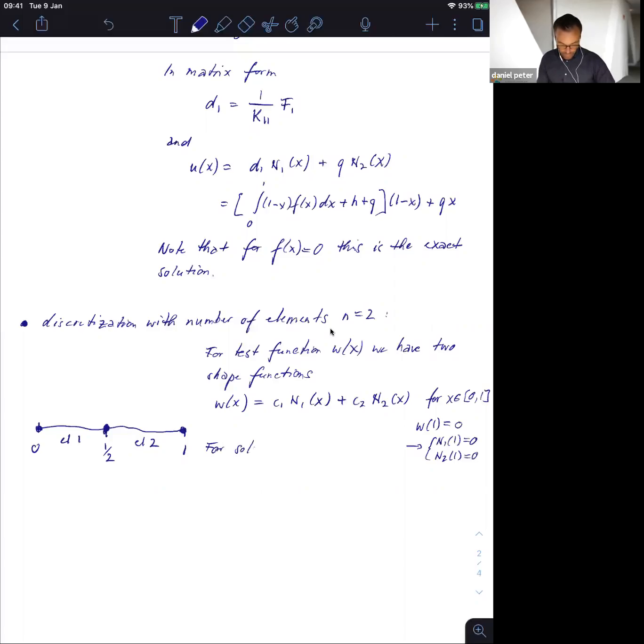For solution u of x, we find that u of x is now written as d1 n1 of x plus d2 n2 of x plus our Dirichlet boundary condition q times n3 of x. So this n3 would be the n plus 1 shape function.